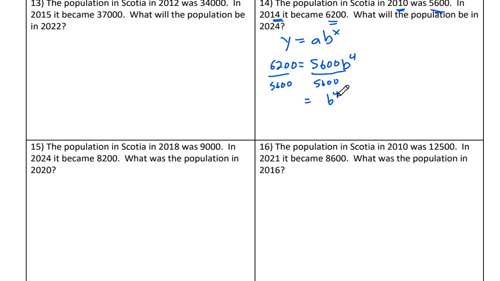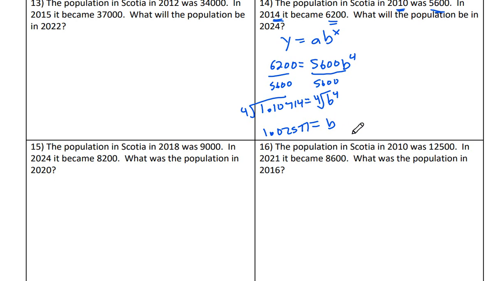I want to keep lots of decimal places because they do make a difference. And now in order to solve this, I need to take the fourth root. And I get 1.02577. Now that's keeping actually all the decimal places up there.